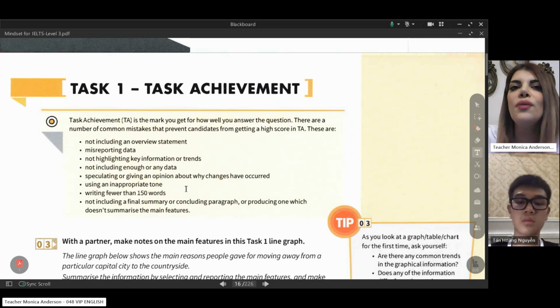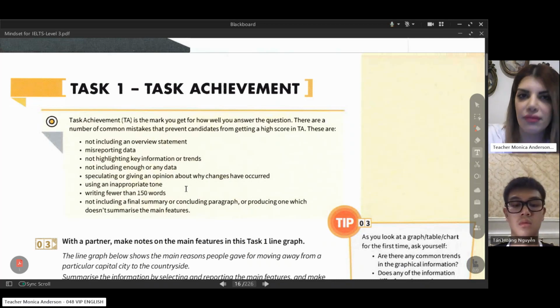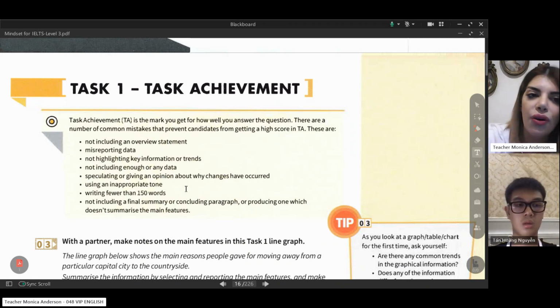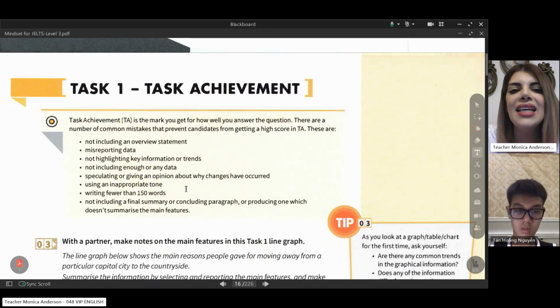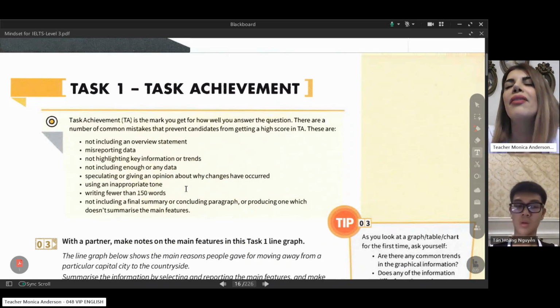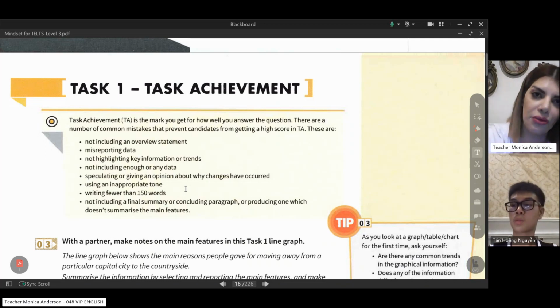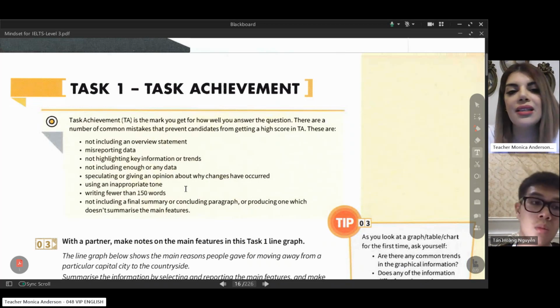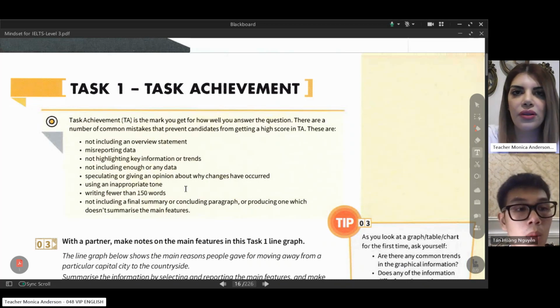If you don't explain data enough, of course, you will lose your score. And if you give your opinion, that is, I think, the worst thing that one person can do while writing task 1. So if you add your opinion, it's not acceptable.